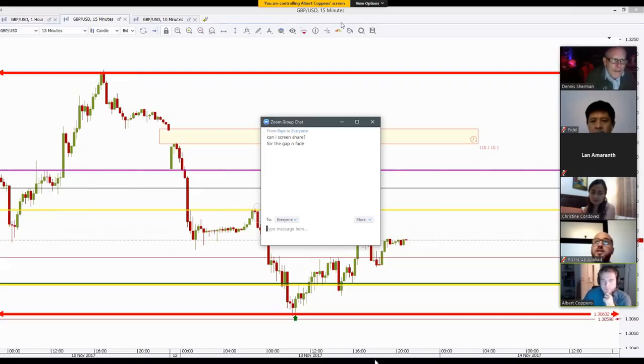If he messes it up, we'll kill him. You need to request screen share first, Albert, and then you can accept, and he can screen share. But he needs to send a request first.